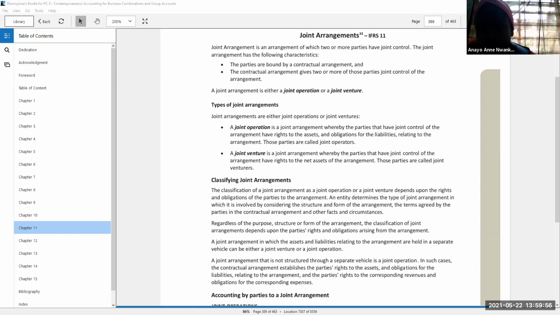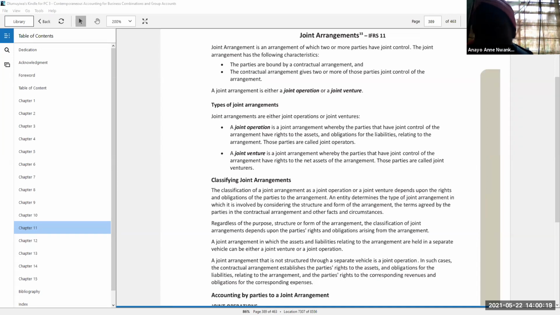A joint arrangement in which the assets and liabilities relating to the arrangement are held in a separate vehicle can be either a joint venture or a joint operation. A joint arrangement that is not structured through a separate vehicle is a joint operation.